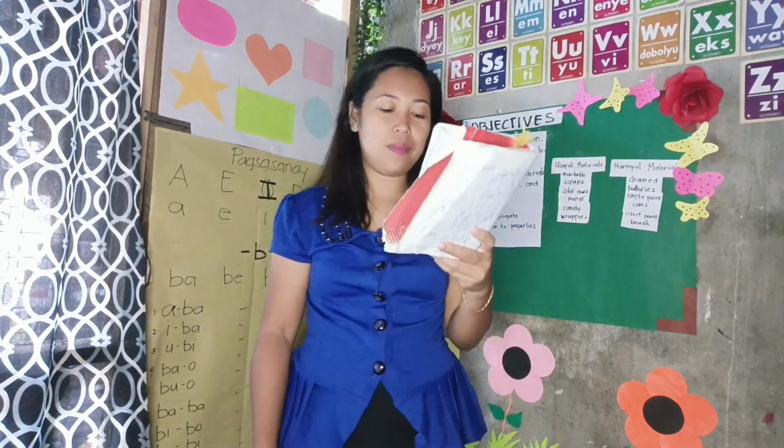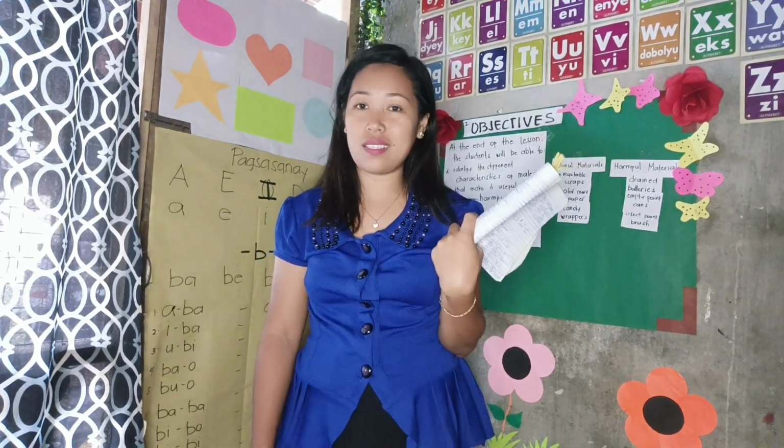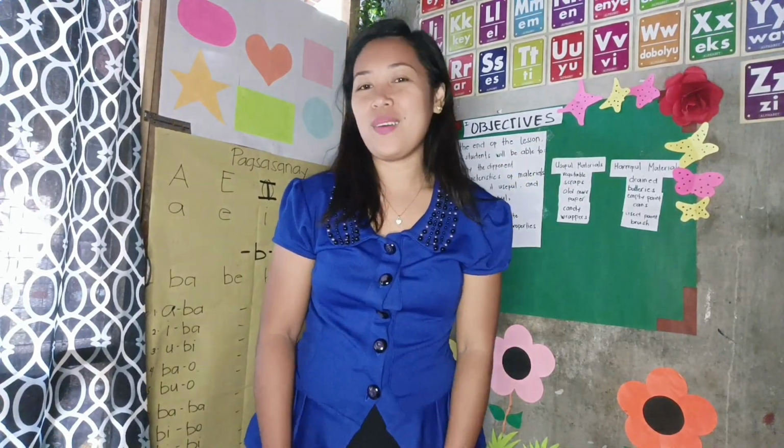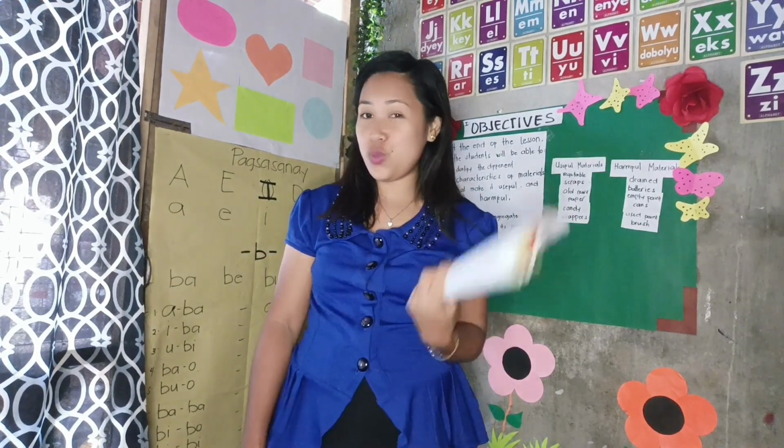Okay, are you done? Okay, number 3. Paper and food crops are examples of safe waste materials. Is it true or false? Okay, so number 4. Biodegradable materials do not rot easily. Is it true or false?